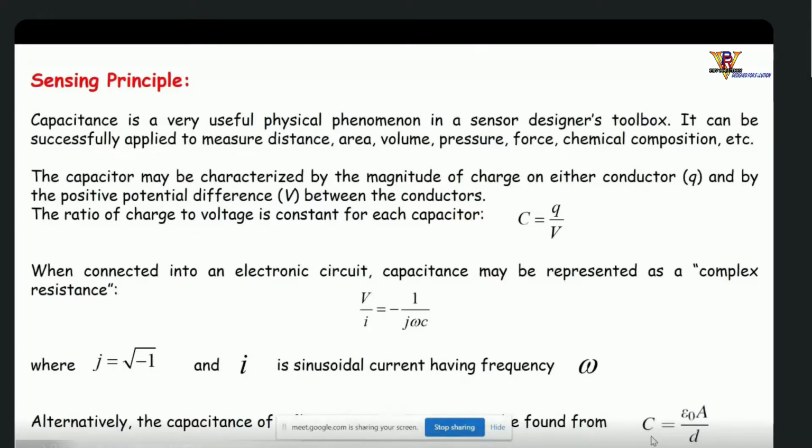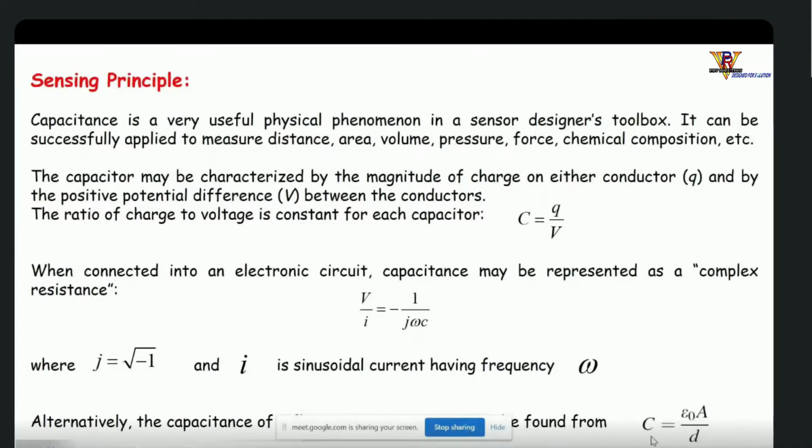So the first one, we will see electricity, how a particular sensor can sense electric signals, means voltage or current, etc. So the first element, if we consider the capacitor, it's a very useful physical phenomenon in the sensor design toolbox.